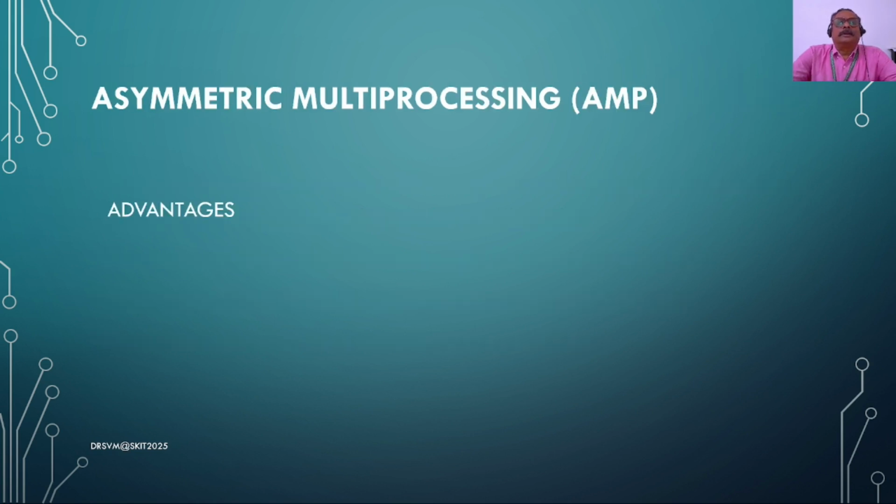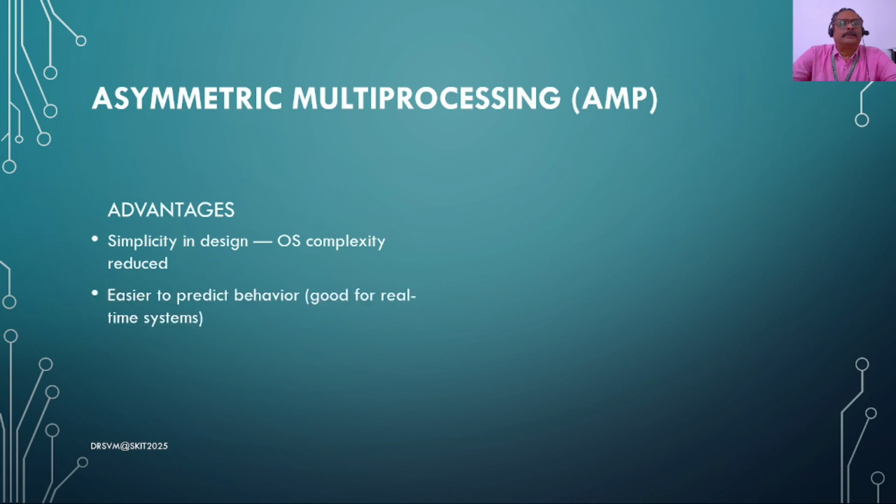So working with asymmetric multiprocessing, the advantages are simplicity in design. The operating system complexity is reduced because it has to work with only one CPU and others just follow it.